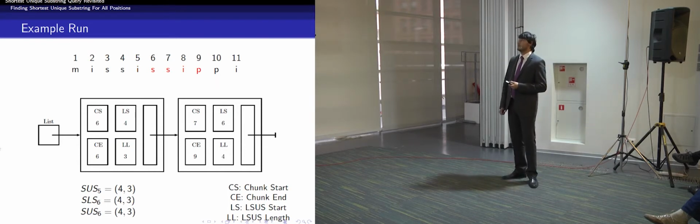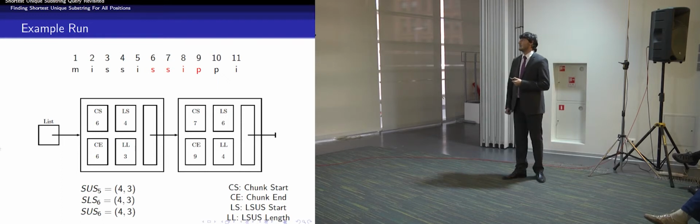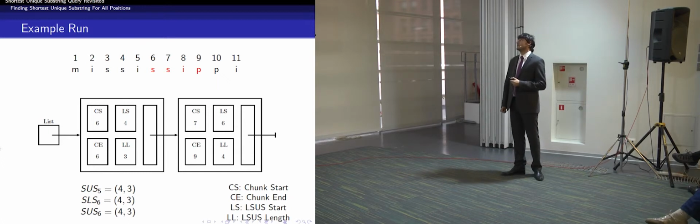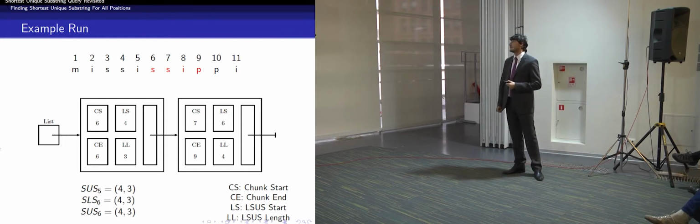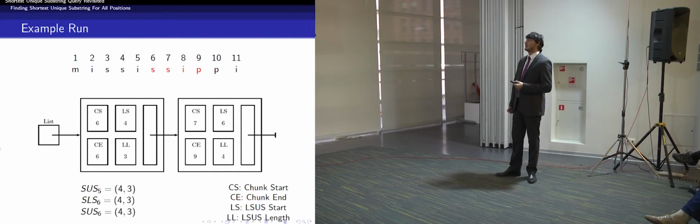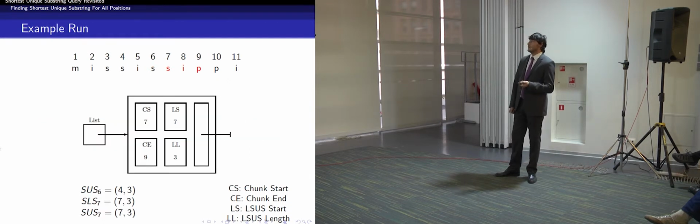It's the same thing. We again calculate. Because it has the longer length, we record the positions from 7 to 9 as the new LSAS candidate. Again, we read the candidate from the head node, comparing and finding.